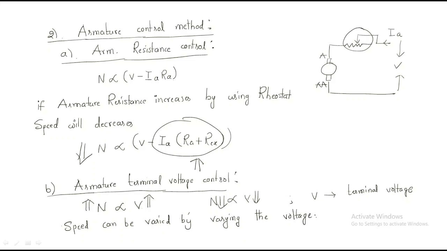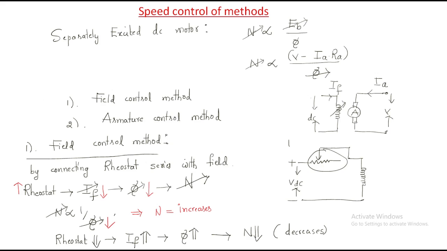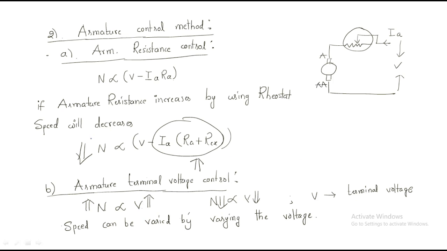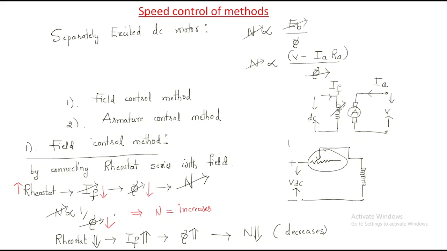This is also one method. Understand? So the armature resistance method and the armature terminal voltage method are related to the armature only. And the field control method is related to the field. So that's why speed control has two methods, field control and armature control. Okay. So this is about the speed control method of the separately excited DC motor.